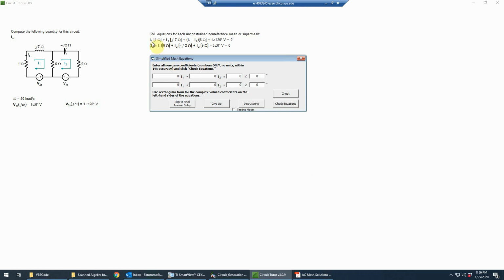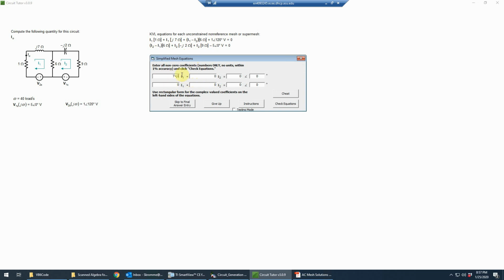So the first equation, we see for the I1, we have a value of 1, and then we have a value of 6 over here. So the real part would be 7. And then we also have a J7 coefficient, so that would be 7 plus J7. Notice that the coefficients here on the left-hand side of these equations are entered in rectangular form, hence the single text box.